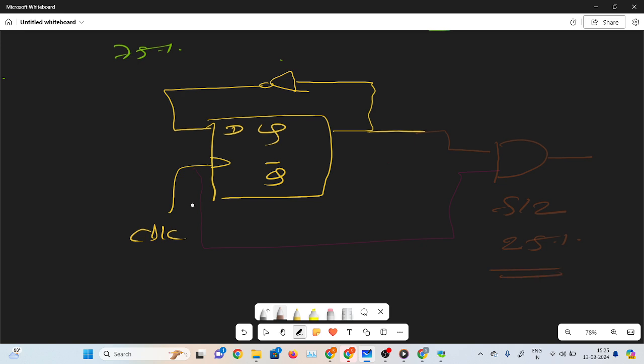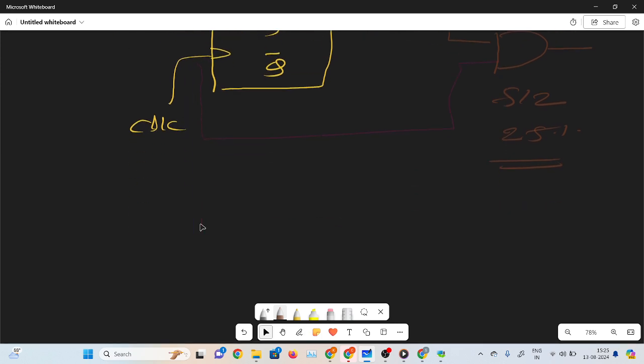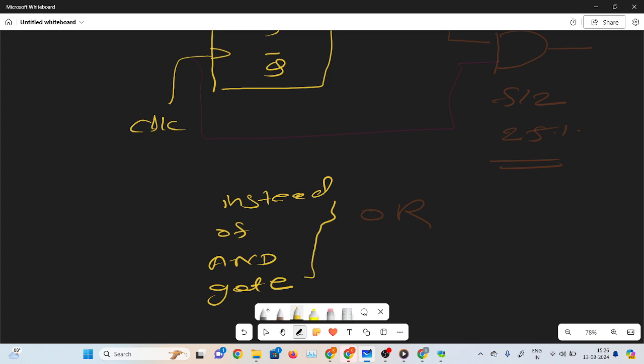So instead of the AND gate, here I will use the OR gate. I'm writing directly in the same expression: instead of the AND gate, if we use the OR gate, then it will convert into the 75% duty cycle.